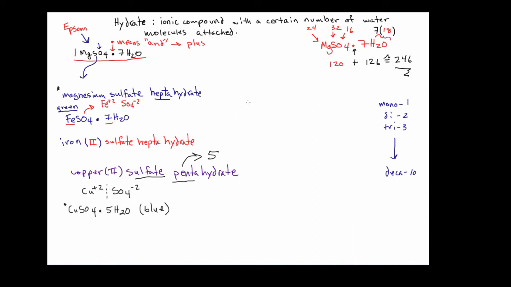Now, let's do at least one more, and something that's not a sulfate. So one that I like because it's got a really beautiful color is cobalt 2 chloride hexahydrate.